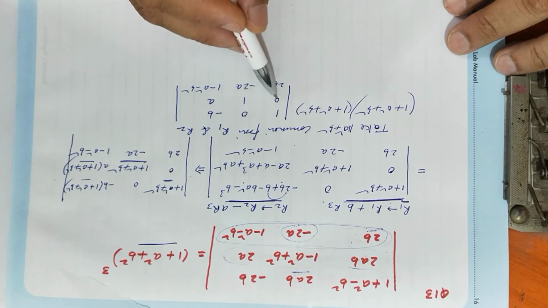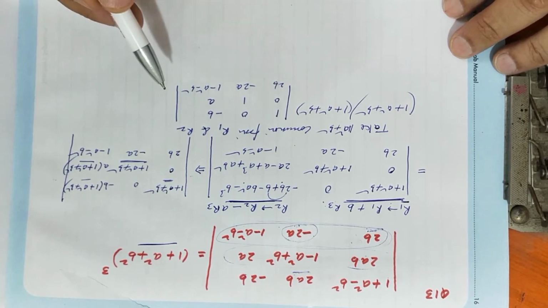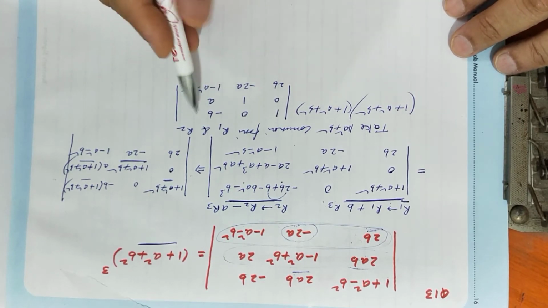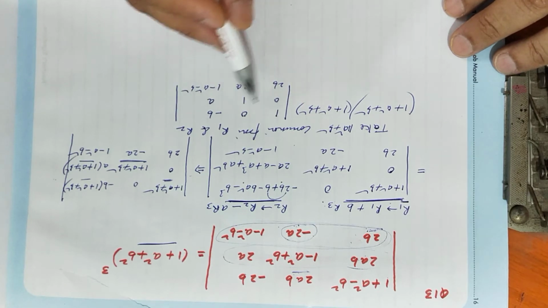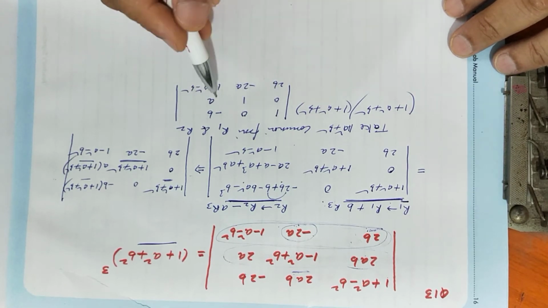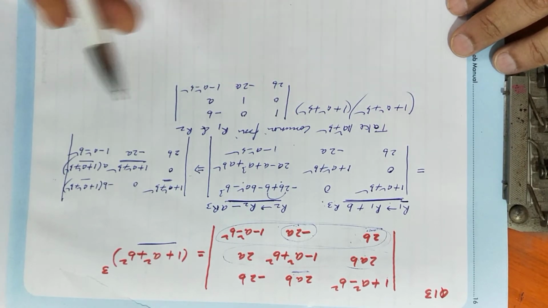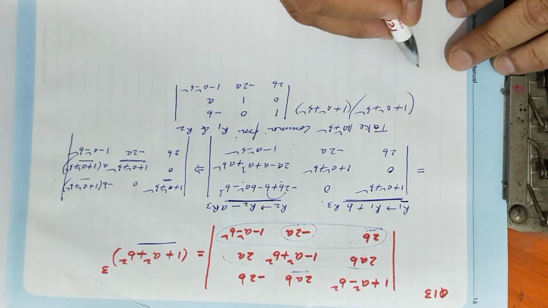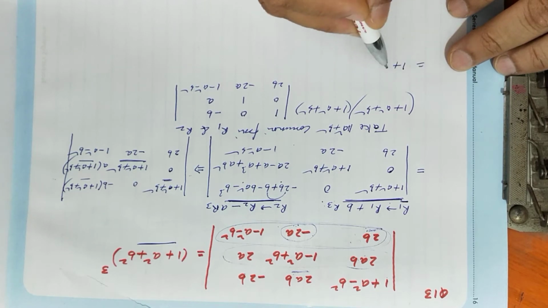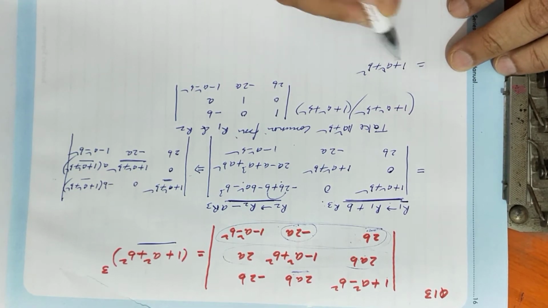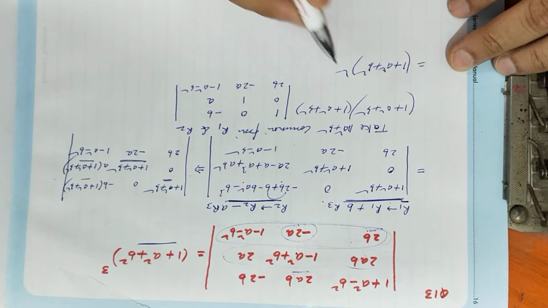Now we have two zeros in the determinant. If you try to make one more zero, it is difficult for you. If you are getting two zeros in the whole determinant, you can expand that, no problem at all. You can expand by any row or by any column. So what you'll get here now: (1 + a² + b²)².